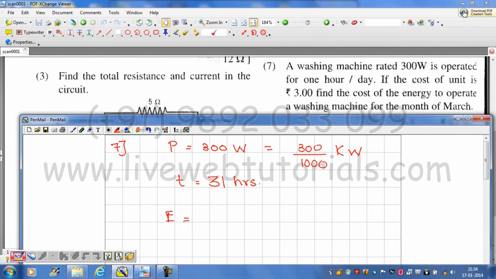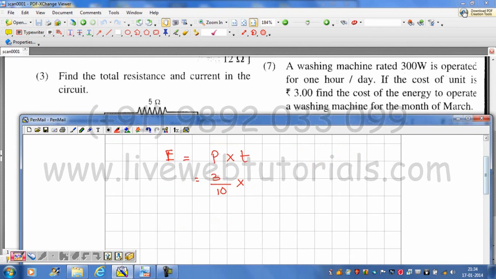So the energy that is calculated, the formula is power multiplied by time. Here the power should be in kilowatts, which is 3 upon 10, multiplied by this time should be in hours, which is 31 hours, is used for month of March. Okay, if I do this calculation, this is going to give me 9.3 kilowatt hour or 9.3 units.